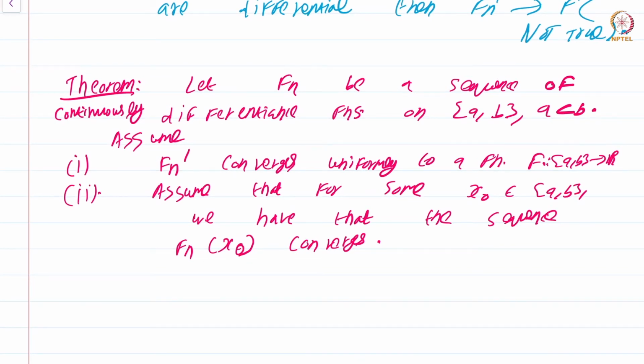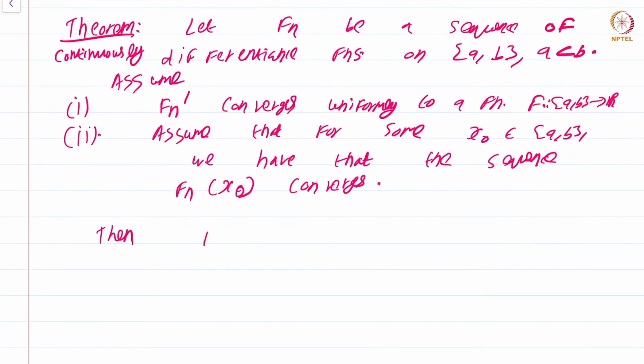Then the grand conclusion is that fn converges uniformly to a function, and if you don't mind, let me change this to g. This is not such a big deal, but I like to be nice when it comes to notation.